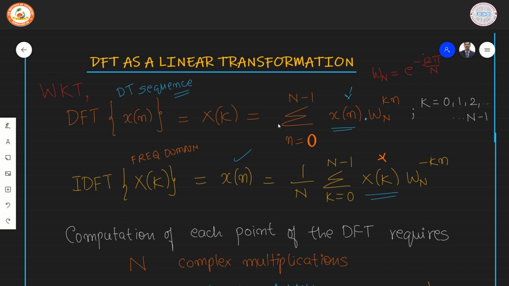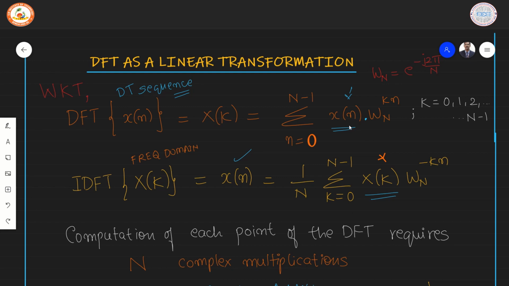The expansion of this summation will give you terms which have n ranging from 0 to N minus 1. That is capital N terms in total. So each term involves one multiplication. Therefore, there are N complex multiplications.